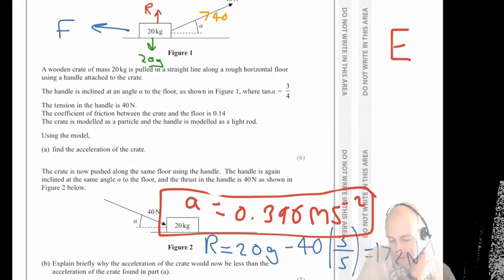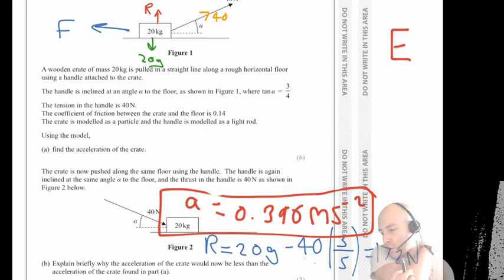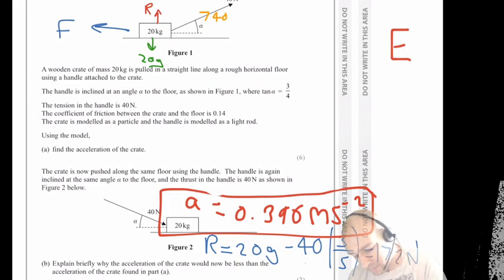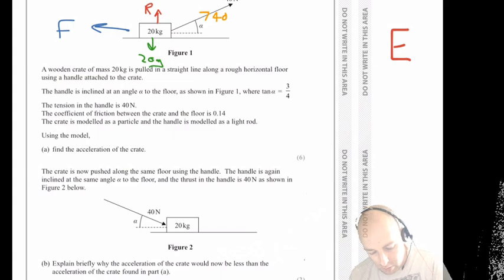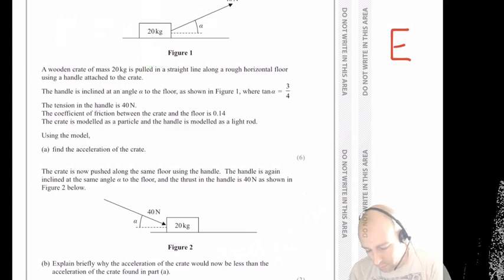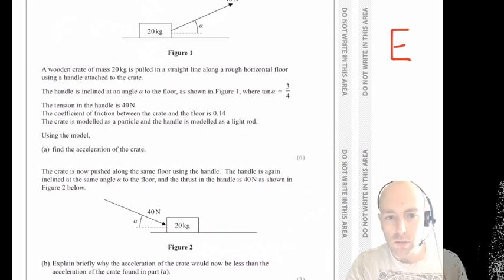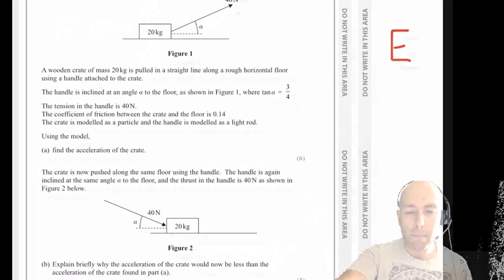So could you guys have a think, see if you can write an explanation, a short sentence. Why would the acceleration be less in the new situation compared to the top situation? And it's all to do with reaction forces and friction. So I'm going to give you guys 2 more minutes to try and write down what you think the reason is for that. So give that a go now.